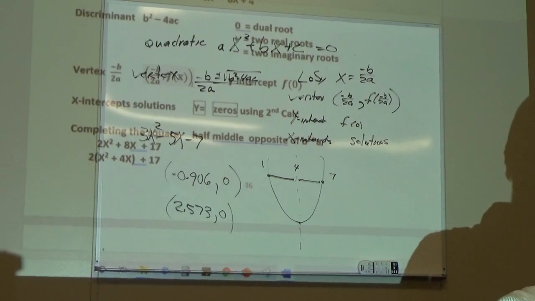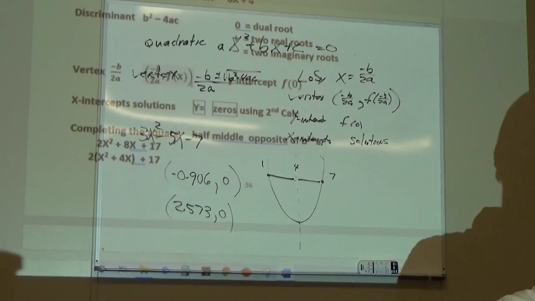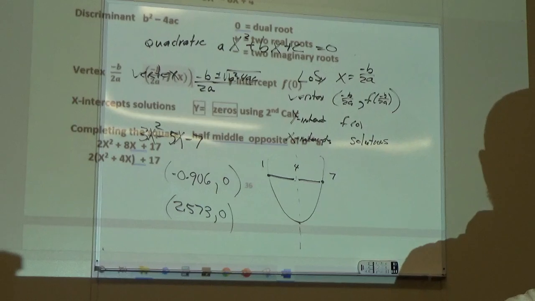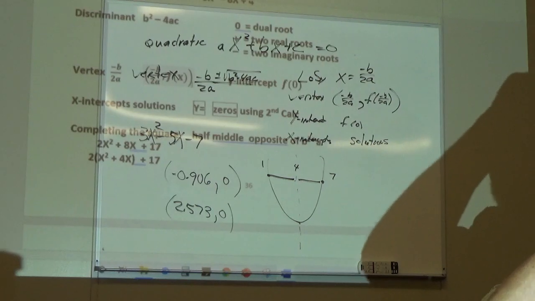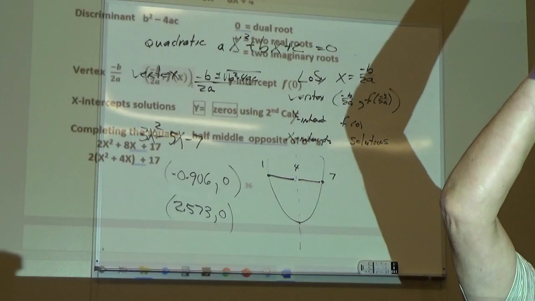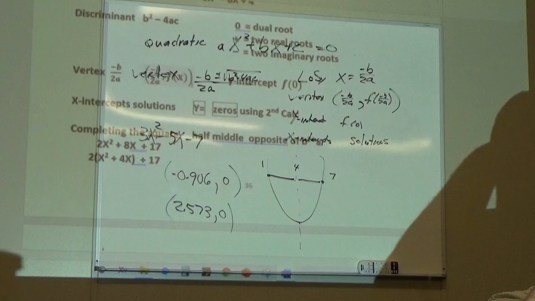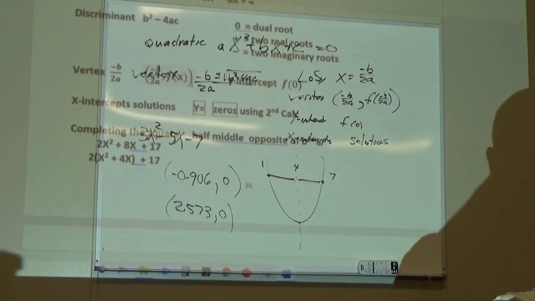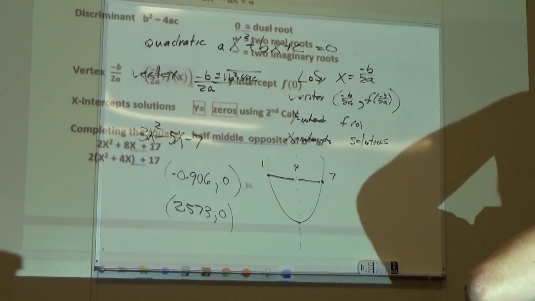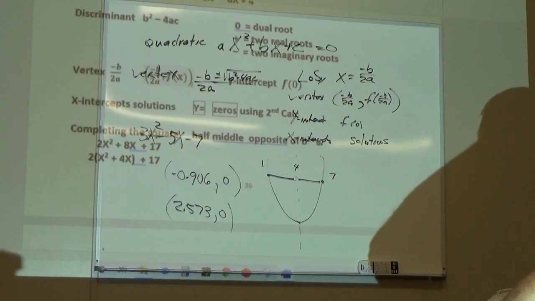Now, one of the things that's interesting is that if you graph an equation that has an imaginary root, you can still find the vertex, because the vertex can be found using completing the square. If it's imaginary, it means that the whole vertex is above the x-axis, and so it never crosses the x-axis.